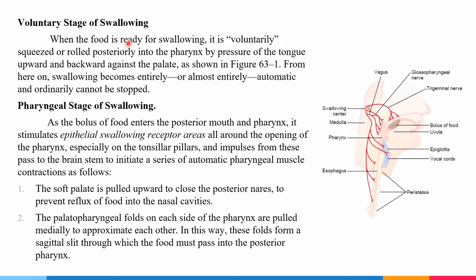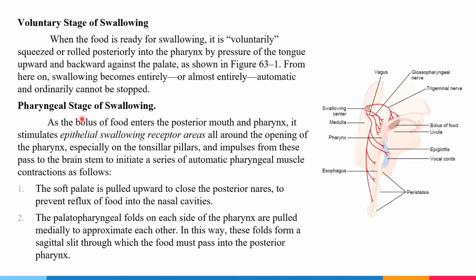When the food is ready for swallowing, it is voluntarily squeezed or rolled posteriorly into the pharynx by the pressure of the tongue upward and backward against the palate, as shown in this particular picture. From here on, swallowing becomes entirely, or rather almost entirely, automatic and ordinarily cannot be stopped.